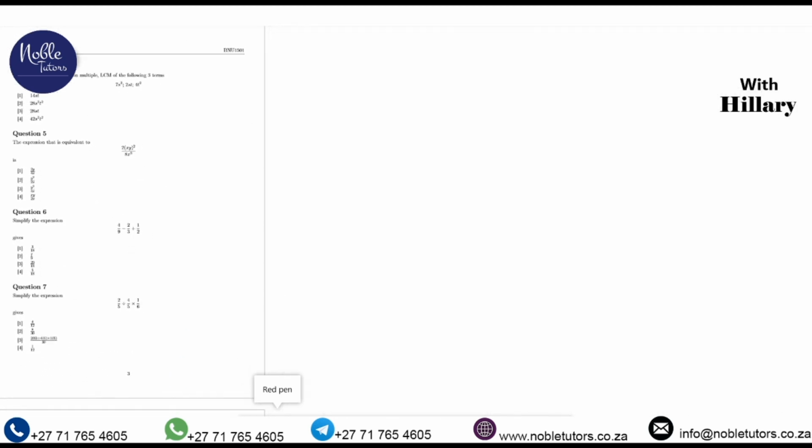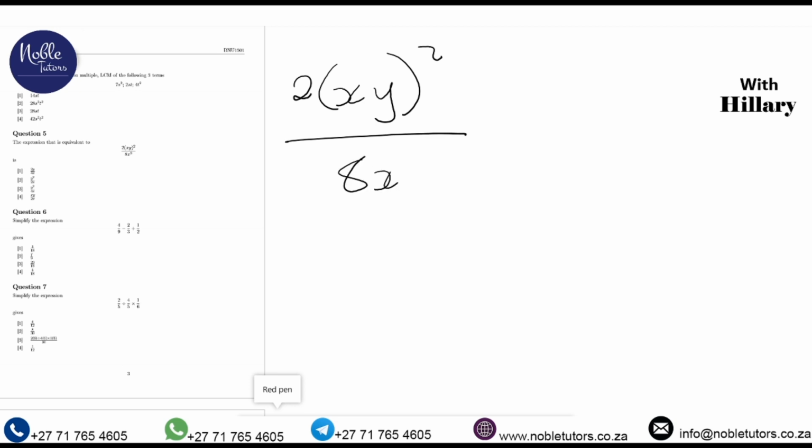Moving further, we also come across questions where we need to simplify an expression, which are laws of indices. For example, we are given an expression here which says 2 open bracket x y close bracket to the power 2 over 8x to the power 3.